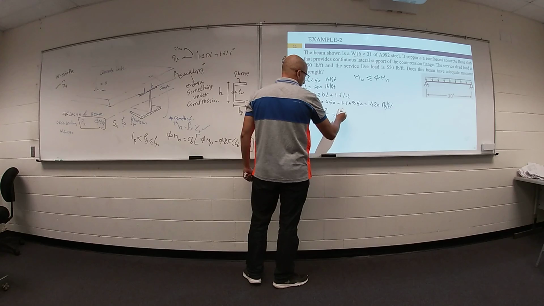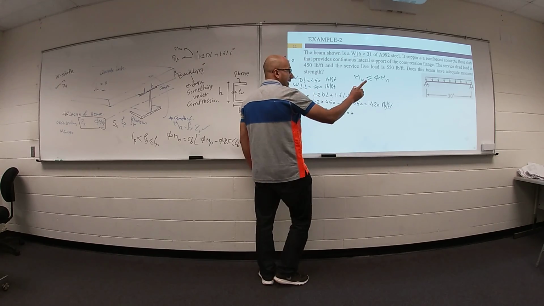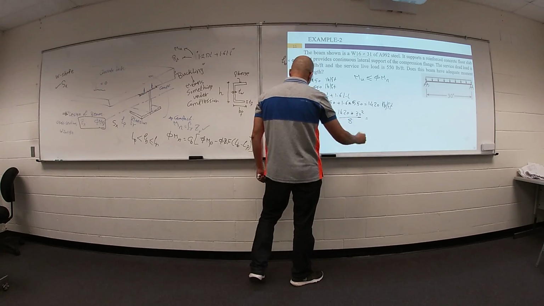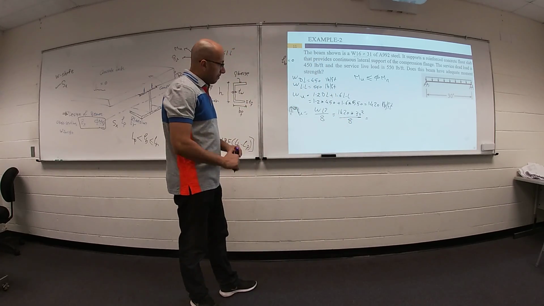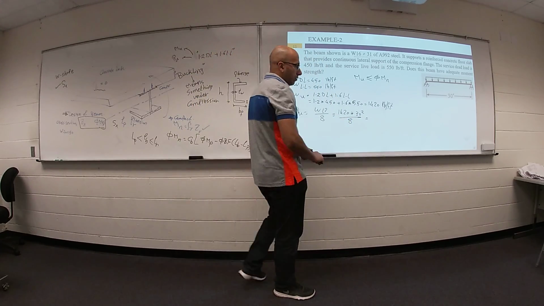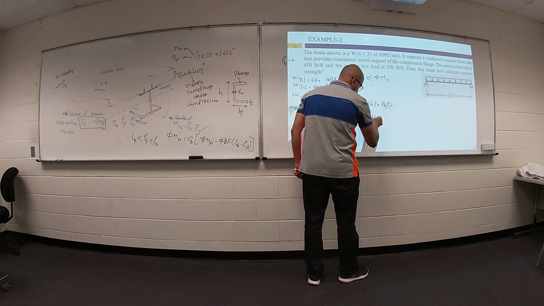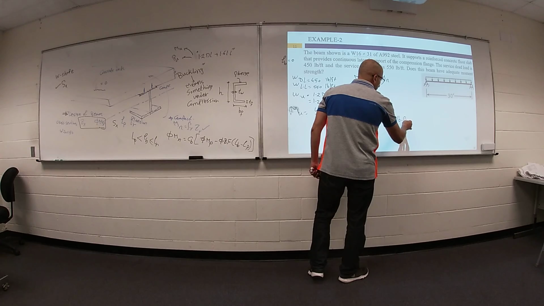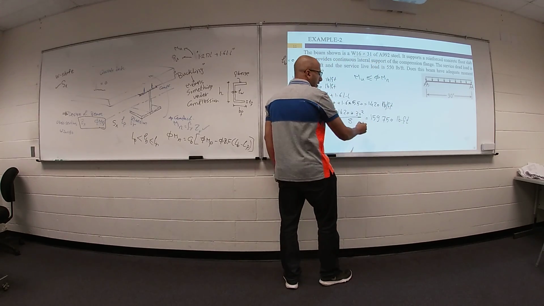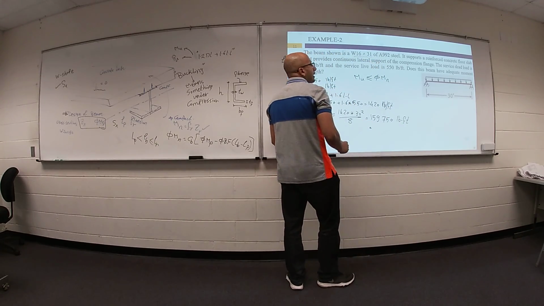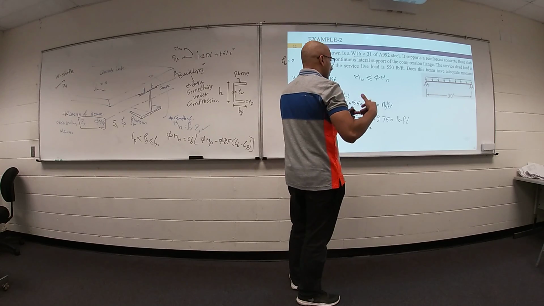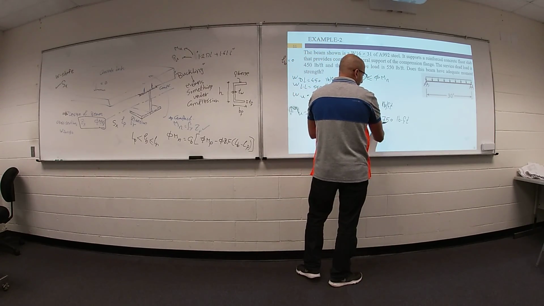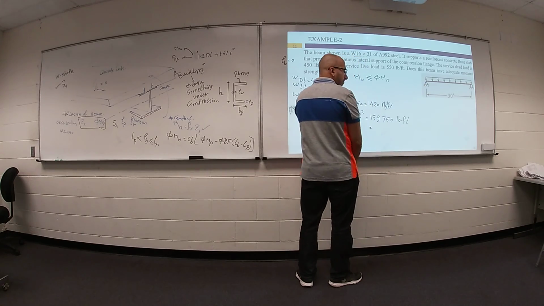1420 times L square, 30 square divided by 8. What's your value? 159,750. Pound foot. Can you divide it by 1000 and multiply it by 12?